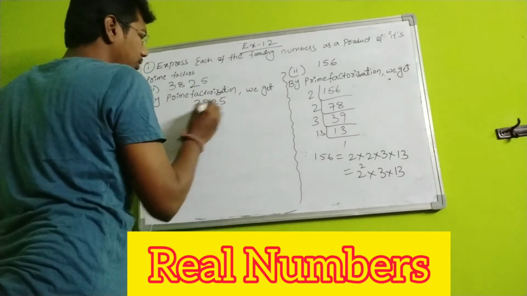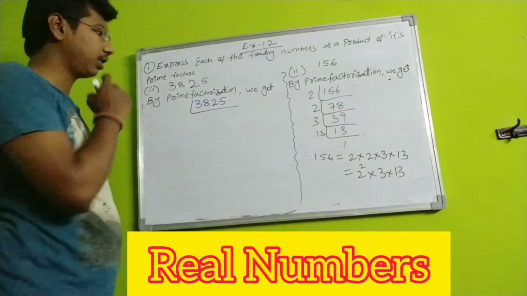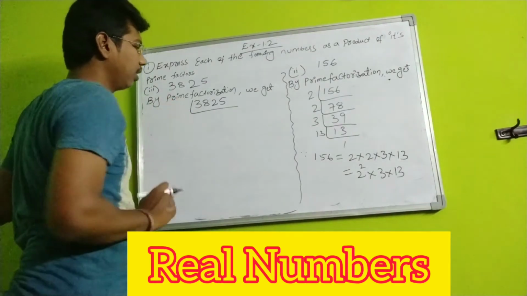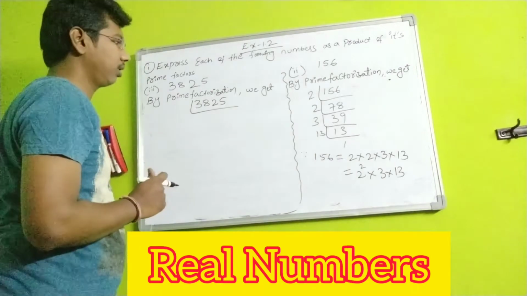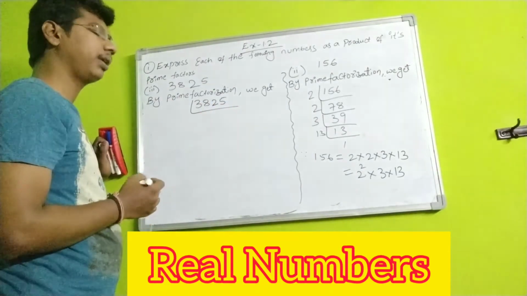Now 3825 by prime factorization method, we can find the prime factors of 3825, students. Now check whether the number is divisible by 2 or not. No, why? Because here the number's last digit is 5. 5 is not divisible by 2.